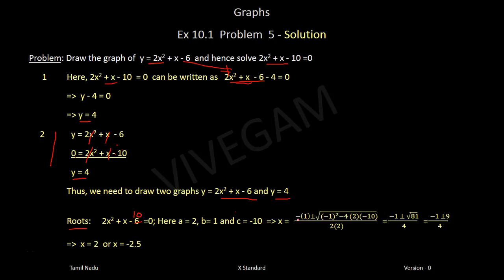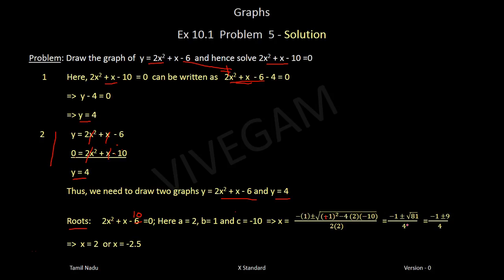And you substitute that: minus b, so that is minus 1, plus or minus root of b square, that is 1 the whole square, minus 4 into a is 2 and c is minus 10, and divided by 2 into a, 2 into 2, right? 10 2s are 20, 20 into 4 is 80, minus into minus is plus, so 80 plus 1, 81.